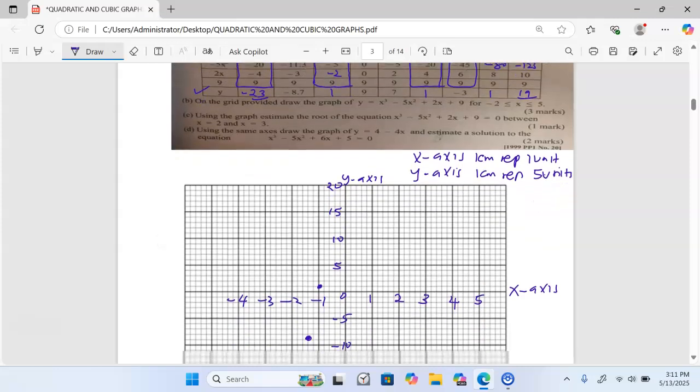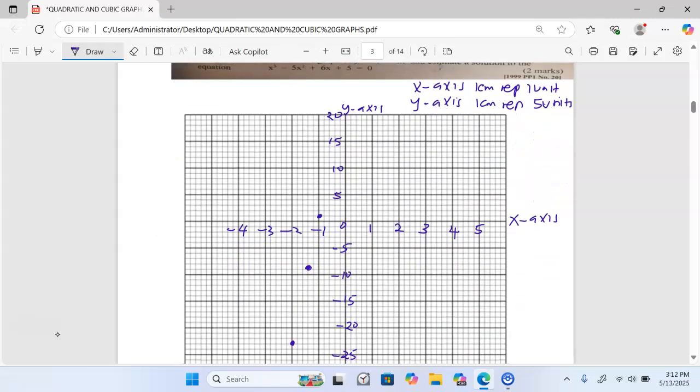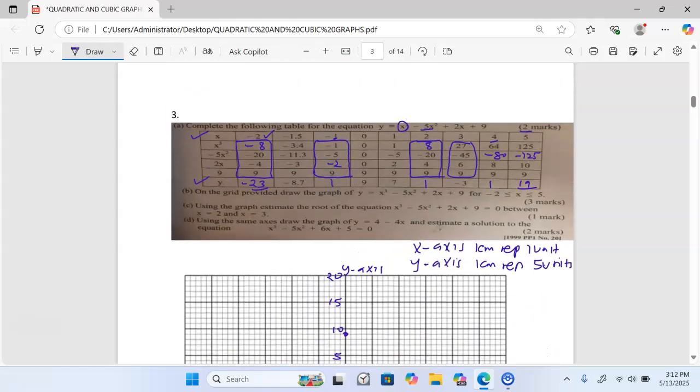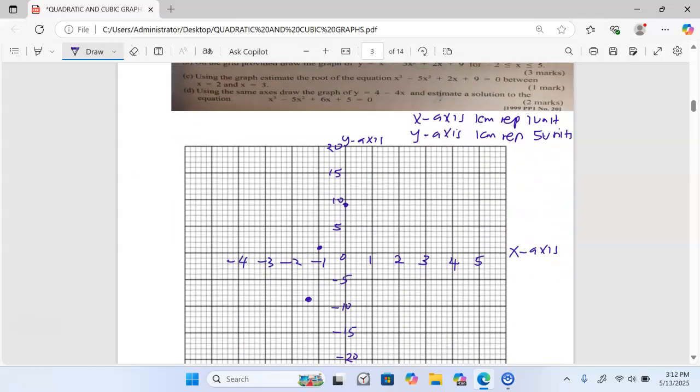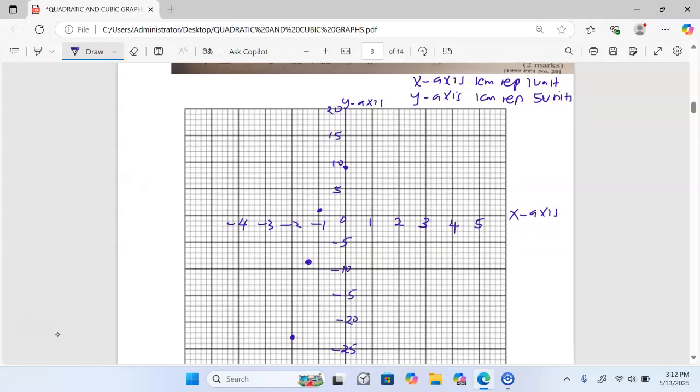When x is 0, y is 9. 9 is here. And when x is +1, y is 7. +1, y is 7 at this point here.